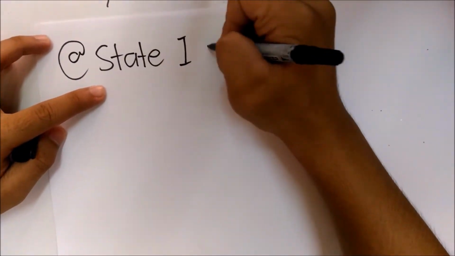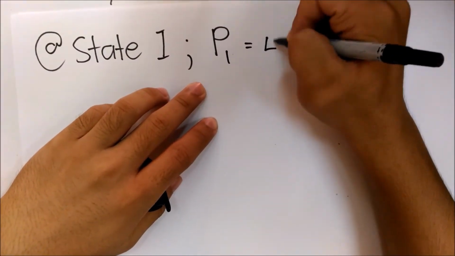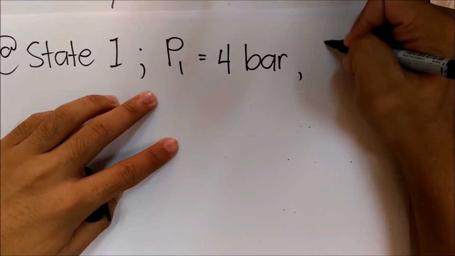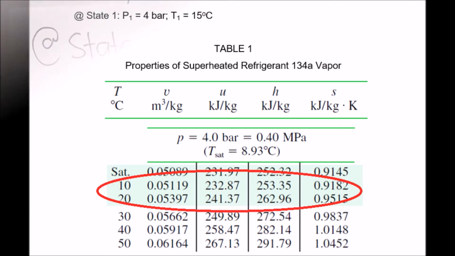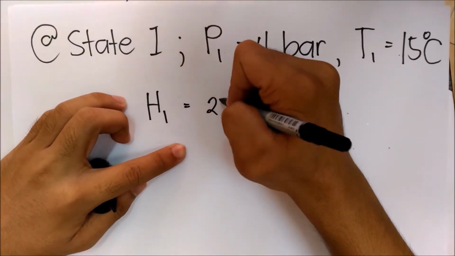For the presentation of solution, at state 1, pressure 1 is equal to 4 bar and temperature is equal to 15 degrees Celsius. Using table 1, properties of superheated refrigerant 134A vapor, enthalpy 1, entropy 1, and volume per kilogram are interpolated.